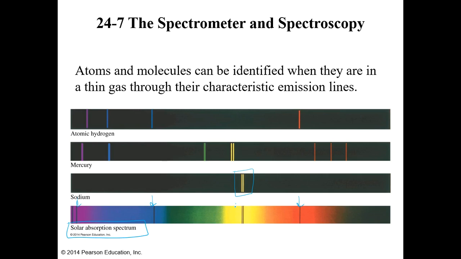For example, here, notice there are two gaps that line up perfectly with the sodium. But those wavelengths aren't there in the solar spectrum, which means the element that makes those two wavelengths, sodium, is actually not present in the sun. And so we can use spectroscopy to actually look and see what any gas, including the gases within a star, what gases are present, so we can find out what stars are made of.